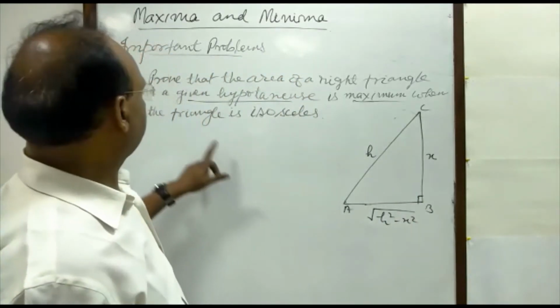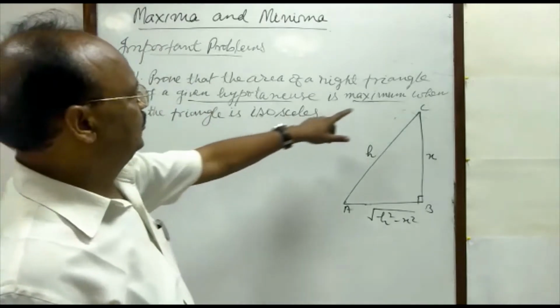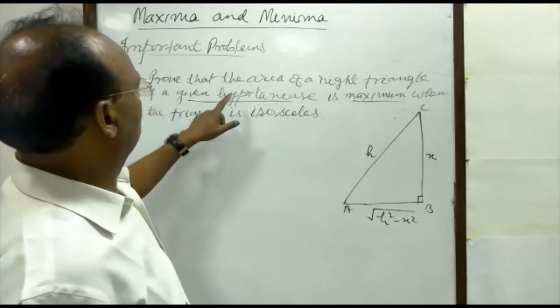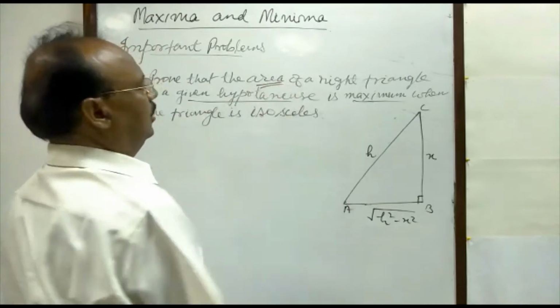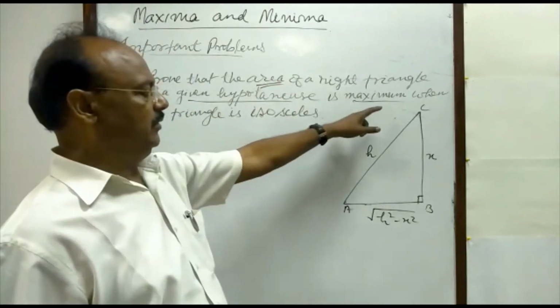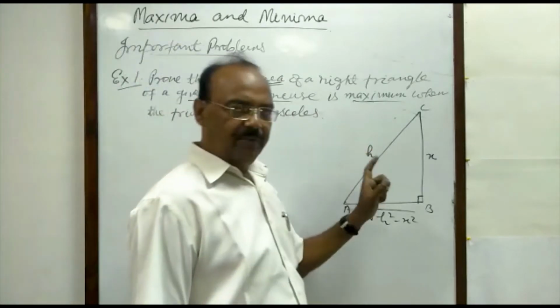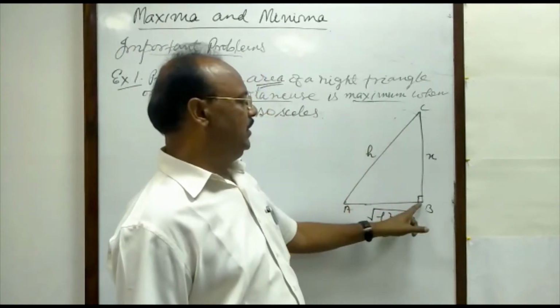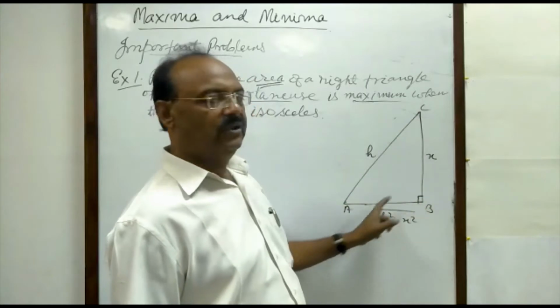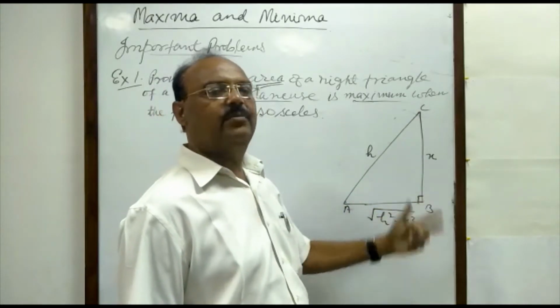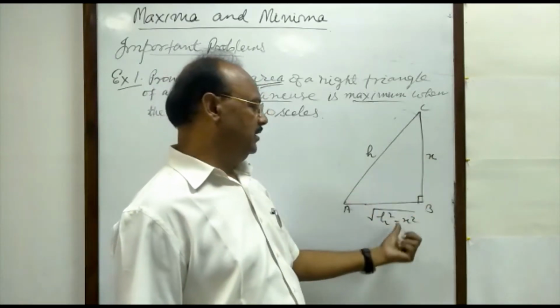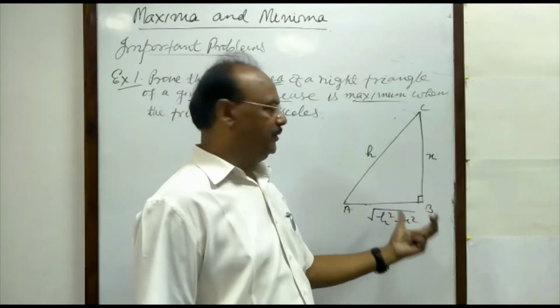Now we have to see that the area of the triangle will be maximum when the triangle is an isosceles triangle. So we have to show here that AB and BC, both the sides, are of the same length. So x is equal to this much. We have to prove it.